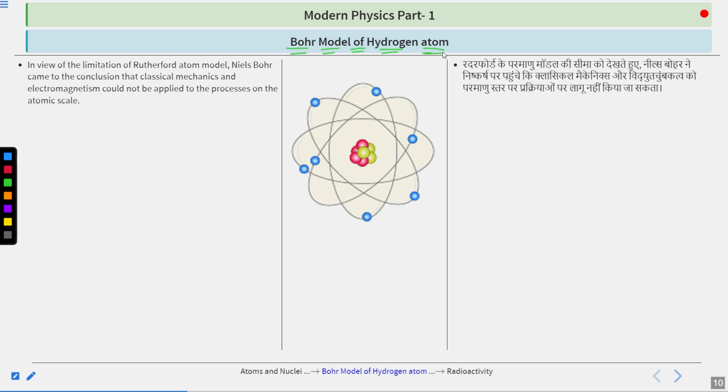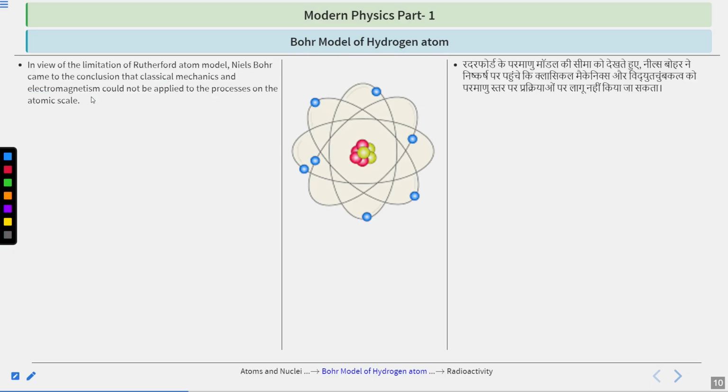So he observed Rutherford's model and its limitations. Then he concluded that the two concepts that we used while pointing out the limitations of the Rutherford atomic model, classical mechanics and electromagnetism, could not be applied when we talk about the atomic scale.